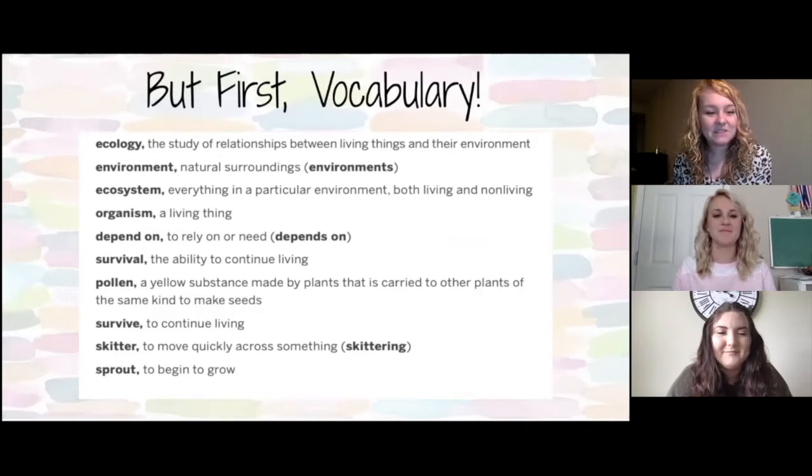A yellow substance made by plants that is carried to other plants of the same kind to make seeds. Survive. Survive. To continue living. Skitter. Skitter. To move quickly across something. Sprout. Sprout. To begin to grow.